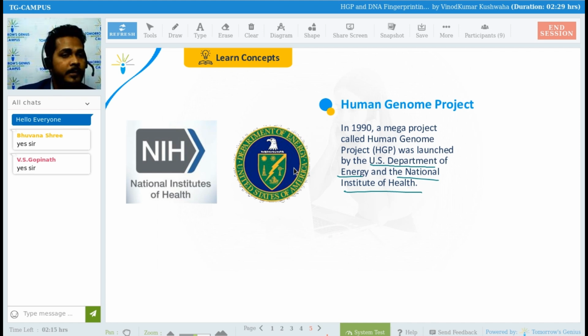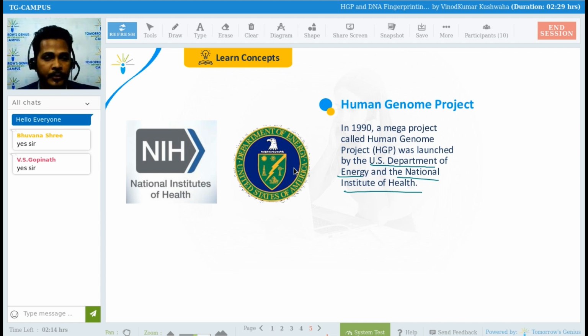What is important in this? You have to remember that the Human Genome Project was launched in 1990. Clear? So 1990 is the year when the mega project was launched, and it was by the US Department of Energy and the National Institute of Health.